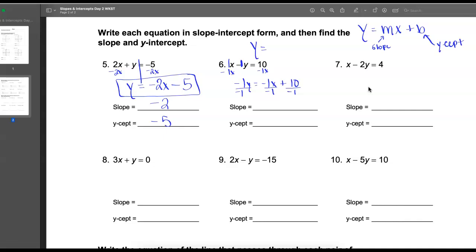Okay, and you're close. I'm just going to put x. I don't have to put the 1 in front of it. I could. So 1x, but not plus 10, minus 10. Because positive 10 divided by negative 1 is going to be negative 10, so it's minus 10. So here's our equation. What's the slope? Mason? 1. The y-intercept is negative 10.